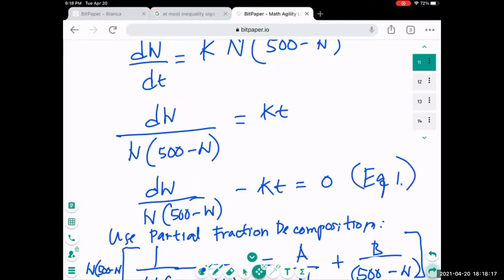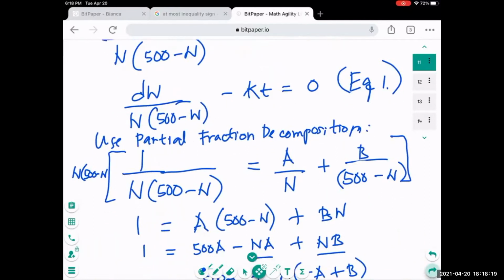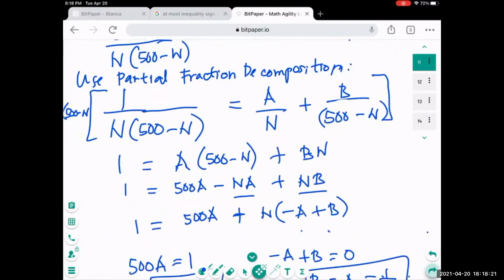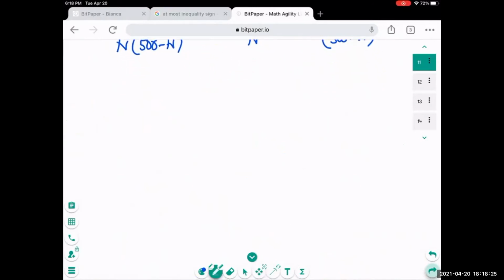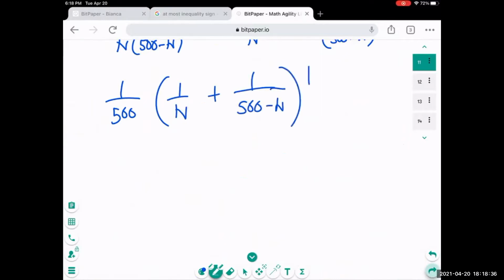Since we decomposed the dn over n times 500 minus n, this would be 1 over 500 times 1 over n plus 1 over 500 minus n, dn, minus k dt equals 0. So we can integrate now.